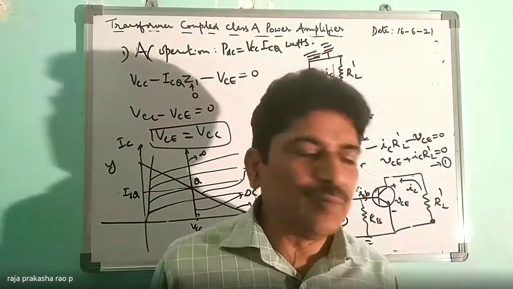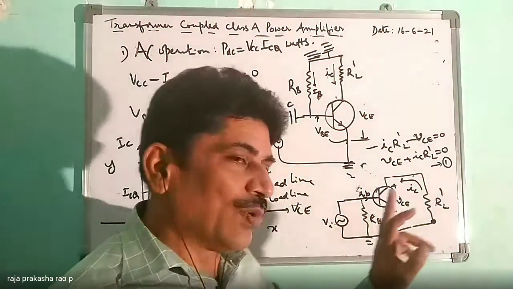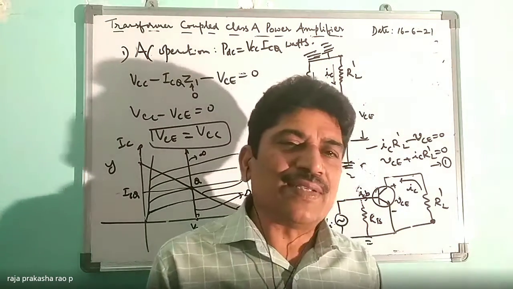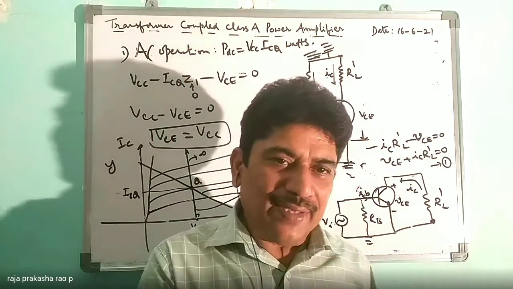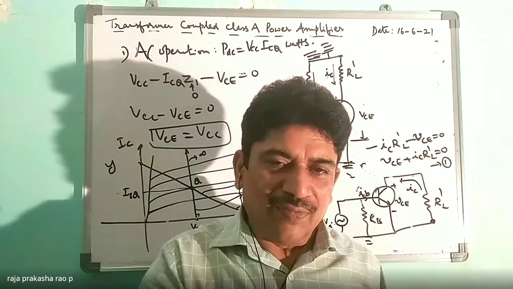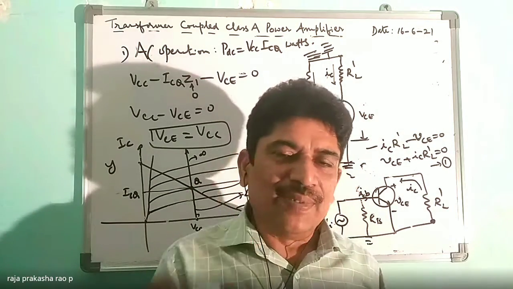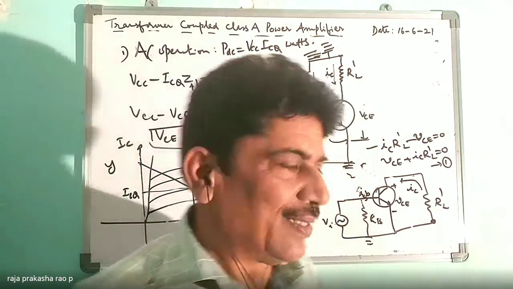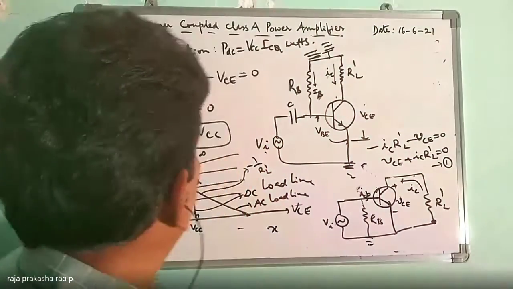But one thing we should remember is this VI is input voltage and output voltage is VCE. There will be a phase difference of 180 degrees. So I have to consider that while drawing that graph. Graph will be like this for VCE. For IC and IB will be same. Okay, this is the first equation, right? I will erase this.